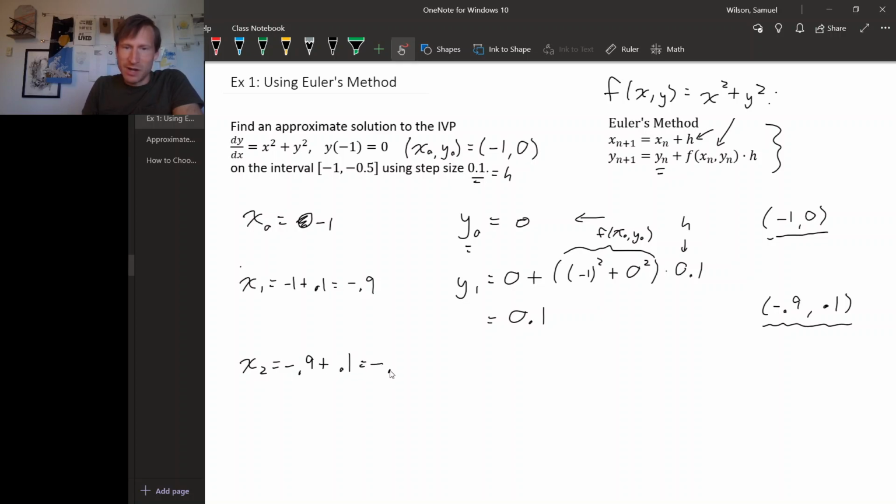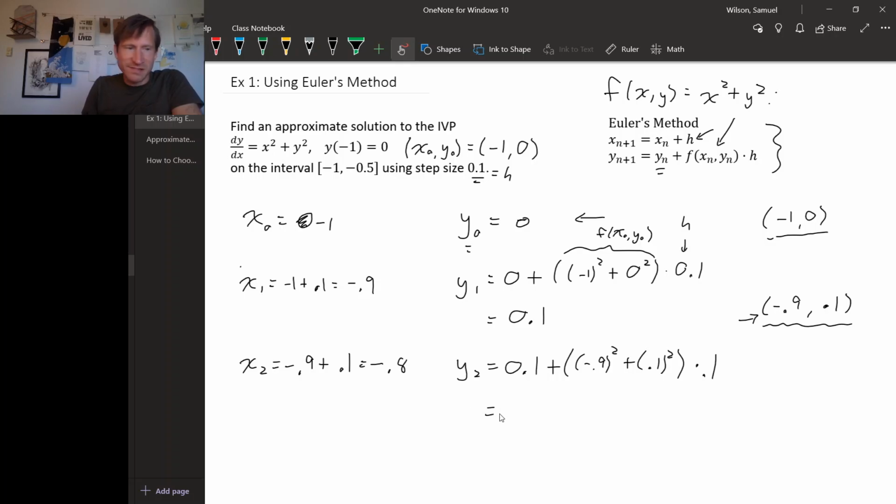So that's minus 0.8. And then y sub 2 is the y value from our previous step, 0.1, plus, and then we evaluate the function f using the point from the previous step. So minus 0.9 squared plus 0.1 squared, all times 0.1.